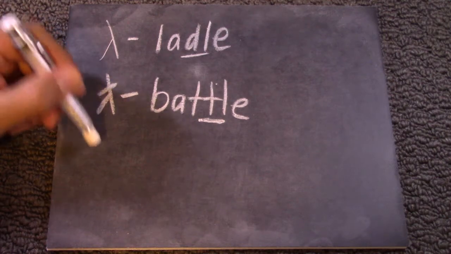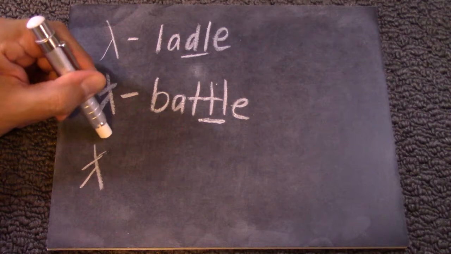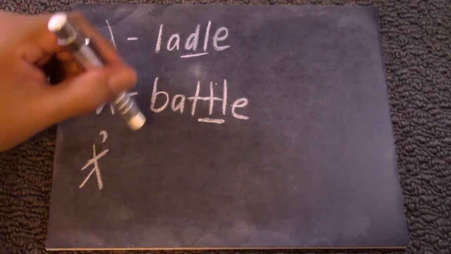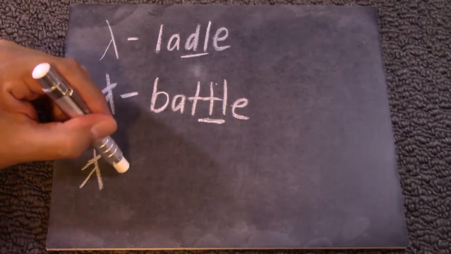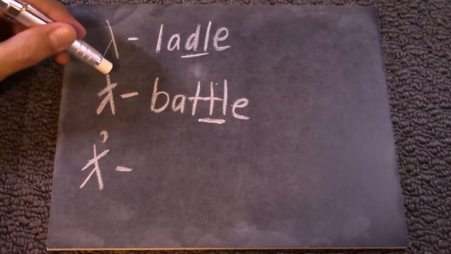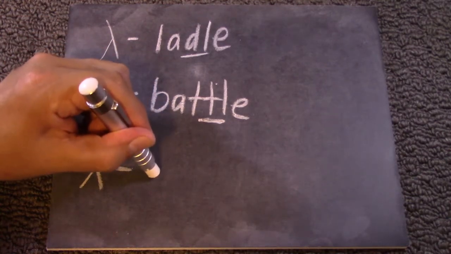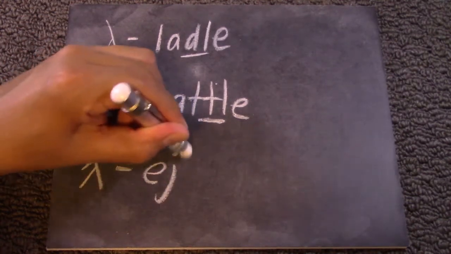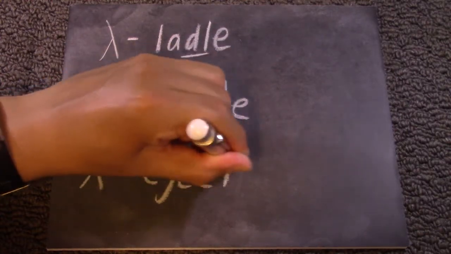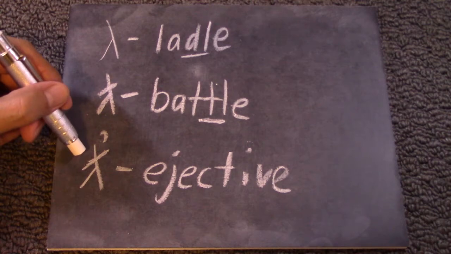Then we have the barred ejective lambda. And it's very similar to the barred lambda, making the tl sound, but it's ejective or glottalized. And there's no English equivalent for this sound.